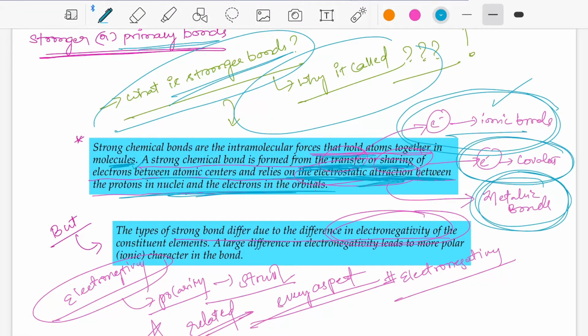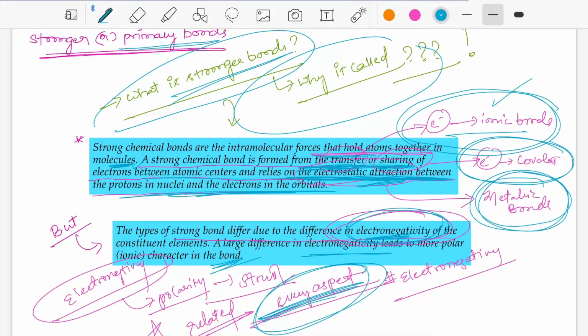And the type of strong bond differs due to the difference in electronegativity. Thus we have to know how electronegativity plays a very crucial role in the formation of bonds. Based on electronegativity, the polarity of atom exists.